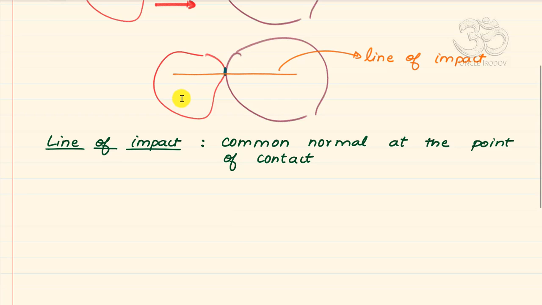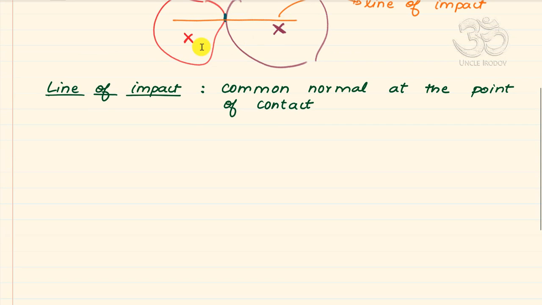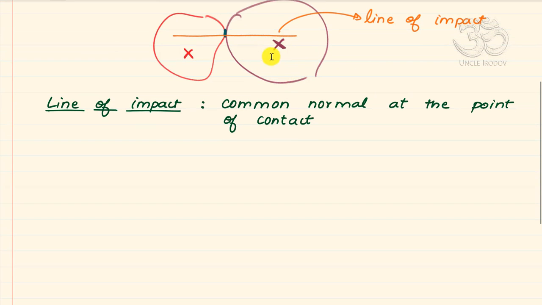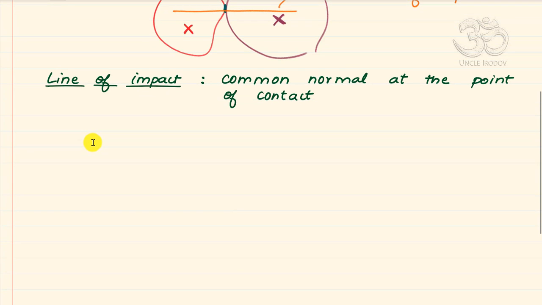And these two objects may have their centers of masses somewhere. So this entire object may have the center of mass maybe somewhere here, close to that orange line, but not exactly on that orange line. And the red object may have the center of mass somewhere pretty far away from the orange line, somewhere there. So the centers of masses of these objects may or may not lie on the line of impact. Now if these centers of masses actually lie on the line of impact, then we have something called a central collision or a central impact.